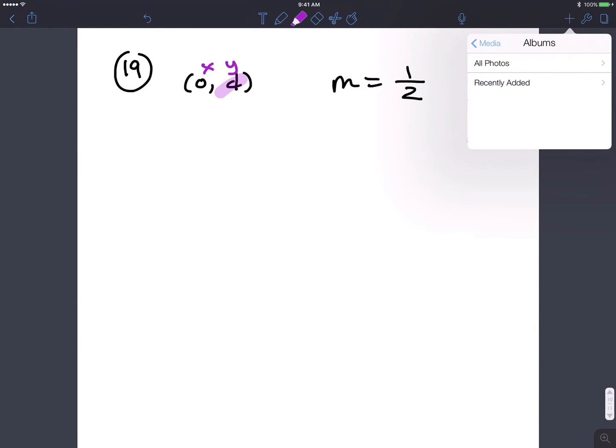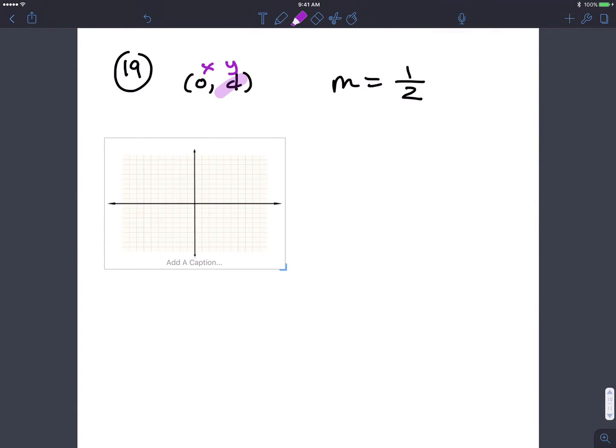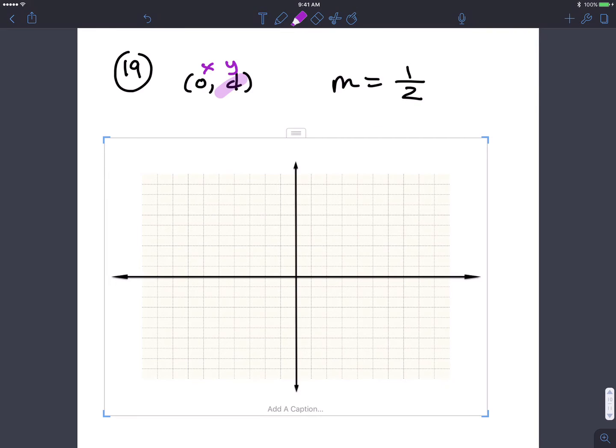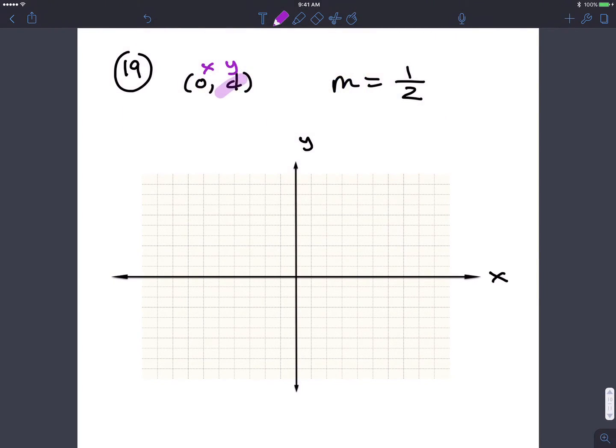Let's bring some paper. X-axis, y-axis. We're going to go up 4 units because that's where 4 is on the y-axis. 1, 2, 3, and 4. This is our location.